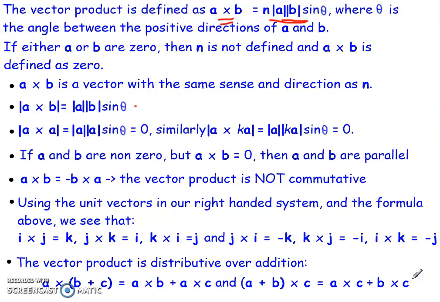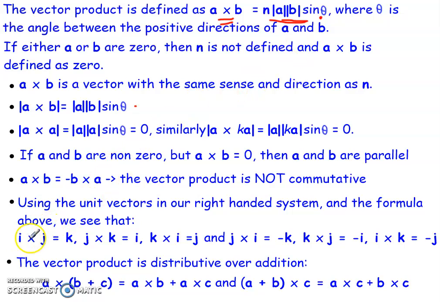Last thing I want you to think about is that if we take the unit vectors in our right-handed system, the i, the j and the k, and we use the formula that's above, so this one right at the very start, where we define A cross B as being n times the magnitude of A, magnitude of B, sine theta. For each of these, remember that they're unit vectors, so the magnitude is going to be 1, and the angle between each of them is 90 degrees, because they're perpendicular to each other.